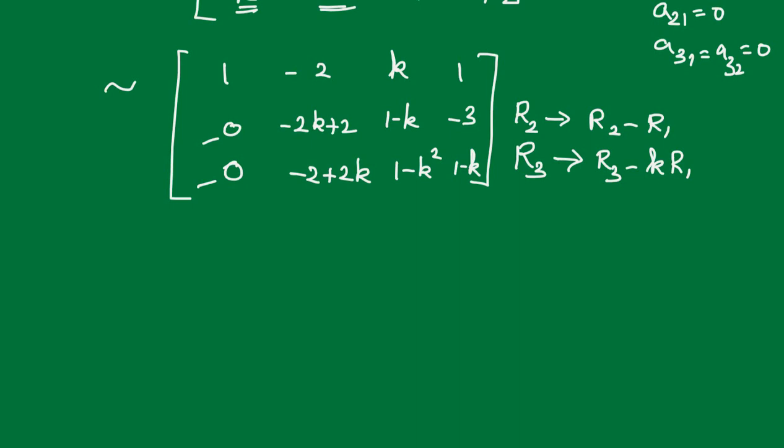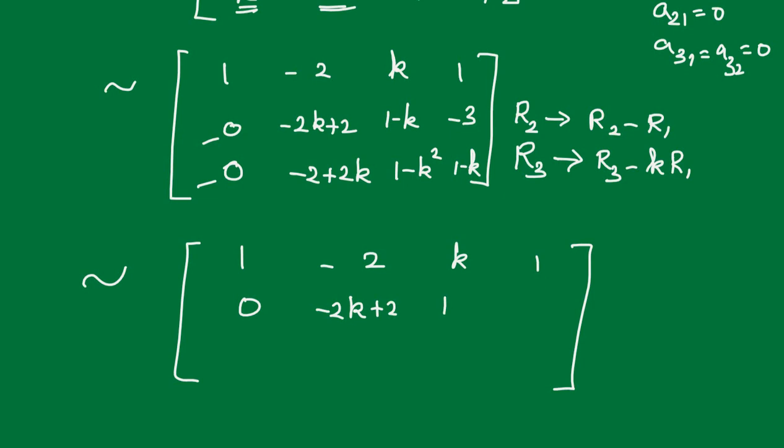The next transformation, we are going to add R2 and R3. The first row remains as it is. I'm going to change R3 here. The second row, minus 2k plus 2, 1 minus k, minus 3, remains as it is. R3 becomes R3 plus R2. Adding these two elements, minus 2 plus 2 is 0, and minus 2k plus 2k, this element becomes 0.